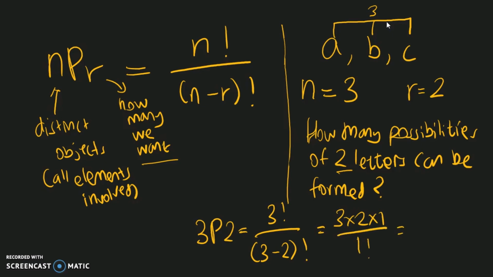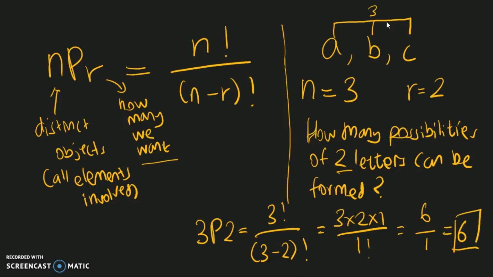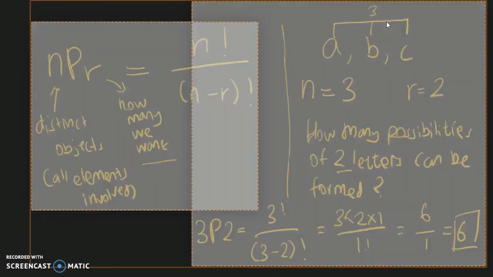There are no integers before 1 because 0 is excluded from factorials. So 1 factorial is 1 and 3 times 2 times 1 is 6. So we have 6 over 1. So there are exactly 6 ways we can rearrange these 3 letters to form combinations of 2 letters, considering that order matters.